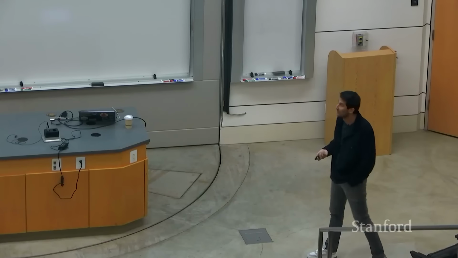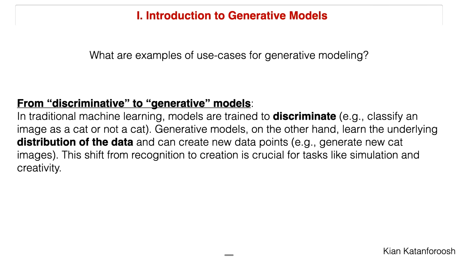It's another generative task. So the thing to know is the difference between discriminative and generative models. In traditional ML, models are trained to discriminate, so to classify, for example, while generative models are actually trying to learn the underlying distribution of the data. And that's really the difference. We're going to see models that try to learn the salient features of the data.